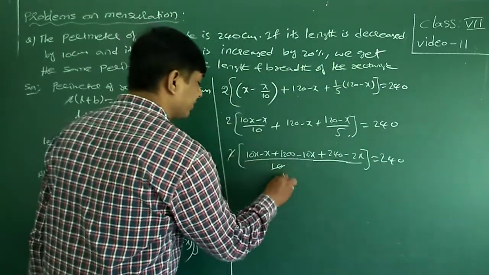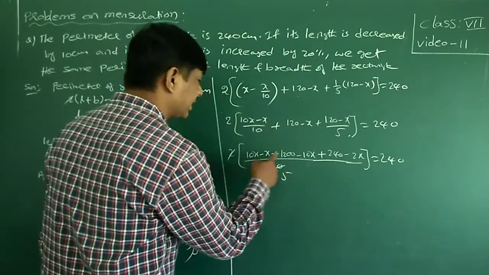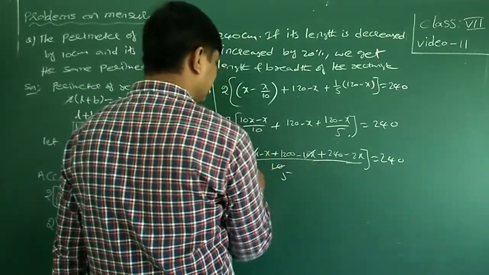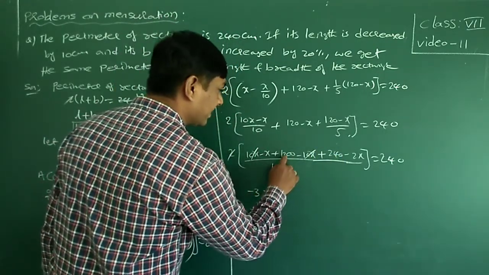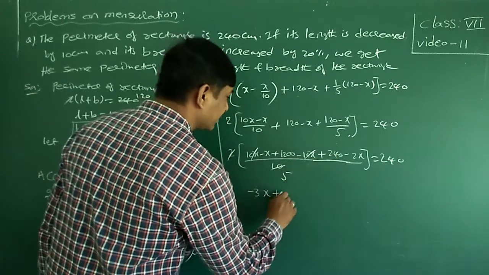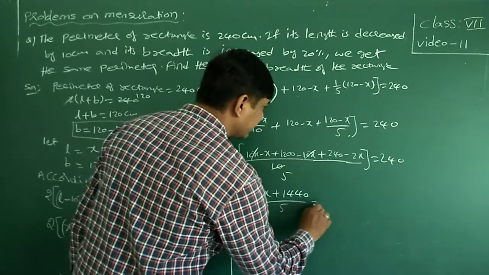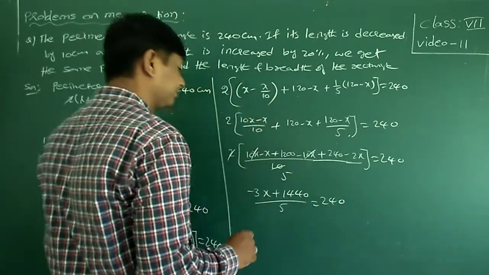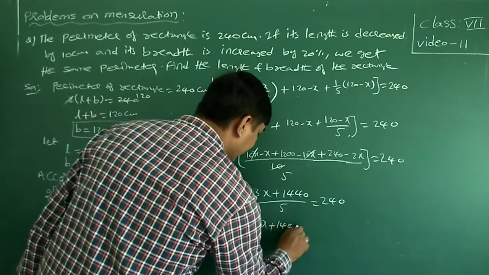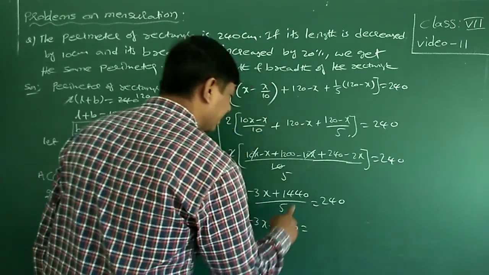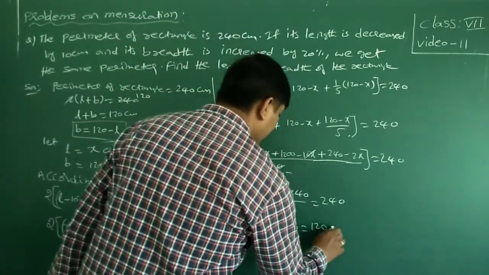Now 2 ones are 2, 2 fives are 10. Without this simplification, you can't cancel here. Now 10x cancels, minus 3x plus 1200 plus 240 means plus 1440 by 5 is equal to 240. Now minus 3x plus 1440 is equal to, cross multiply here, 240 fives are 1200.